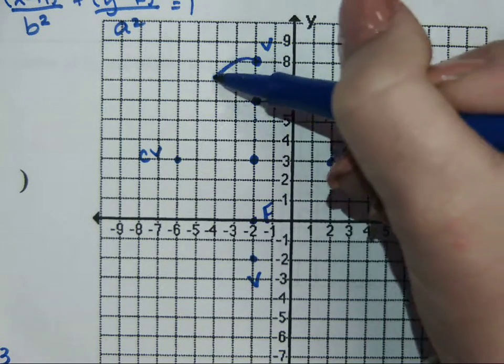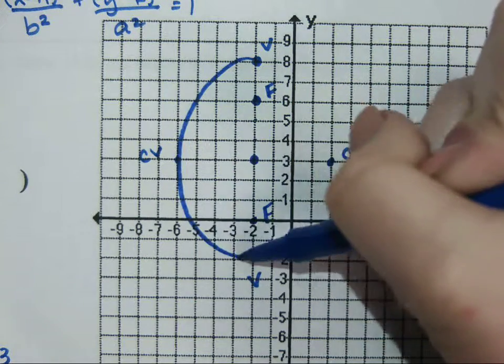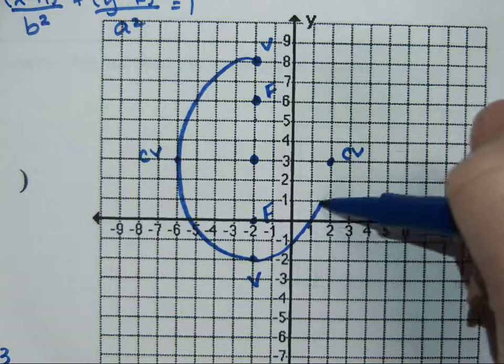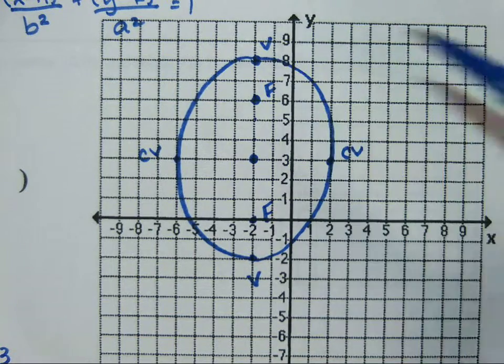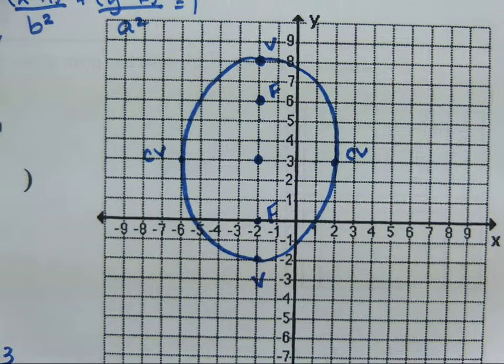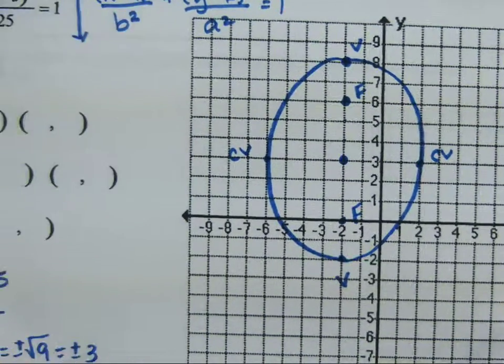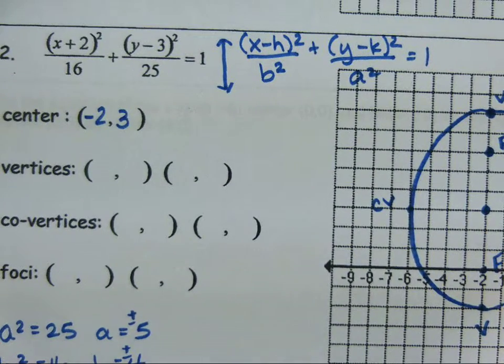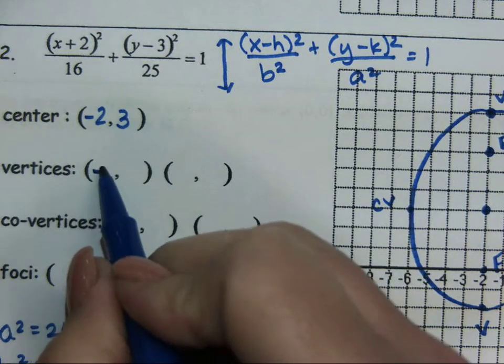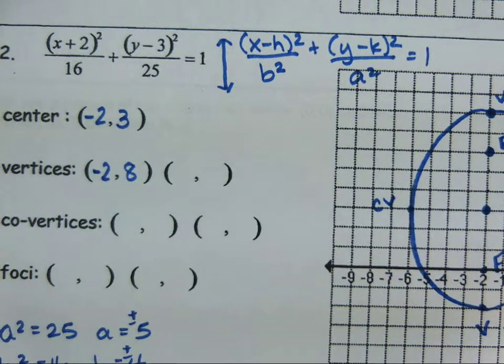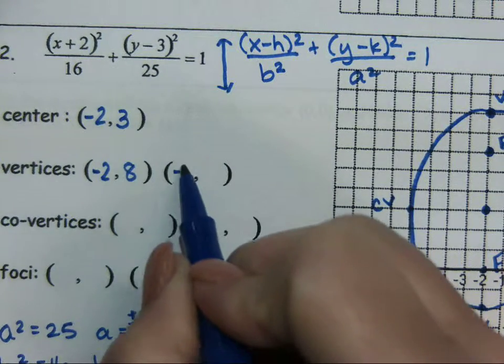And then I run my curve or my edge through my vertices and my co-vertices. And so you'll get better at making that look a little bit more circular. So let's go label all of our points. Our vertices are (negative 2, 8) and (negative 2, negative 2).